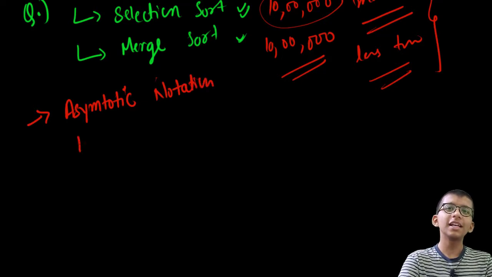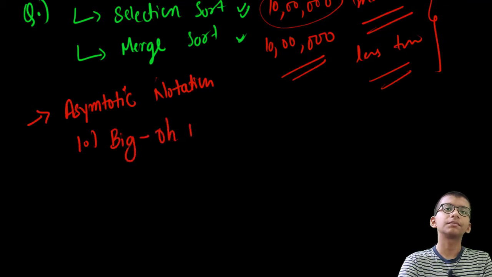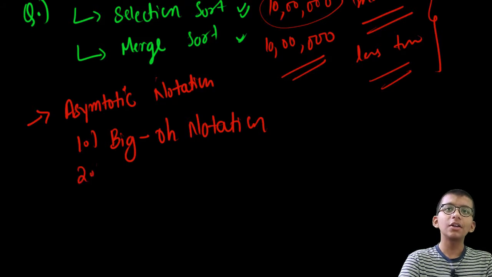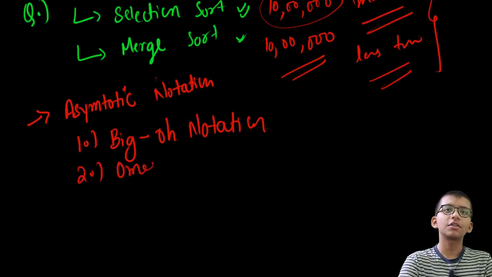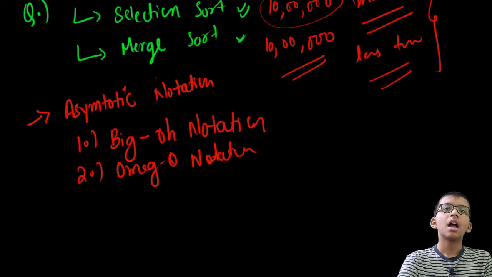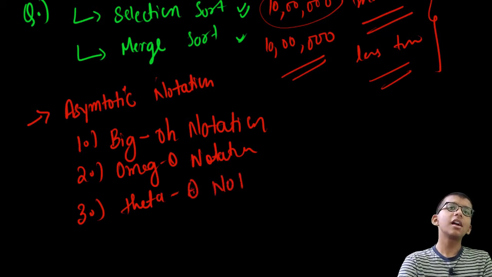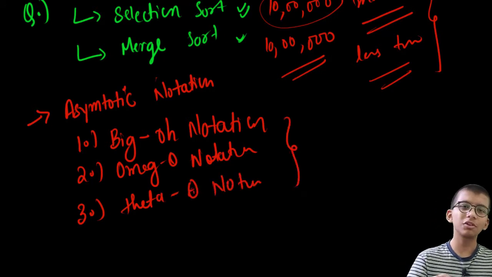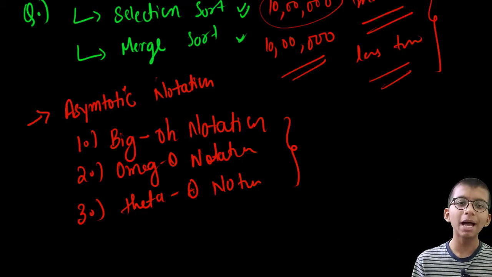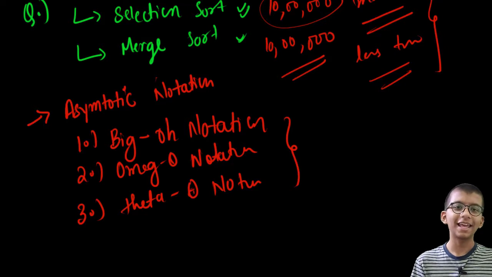The first one is big O notation, the second one is omega notation, and then we have theta notation. These are the asymptotic notations that we will talk about by the end of this chapter on time complexity analysis.